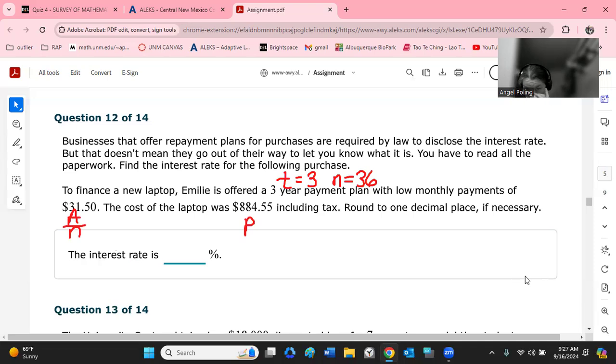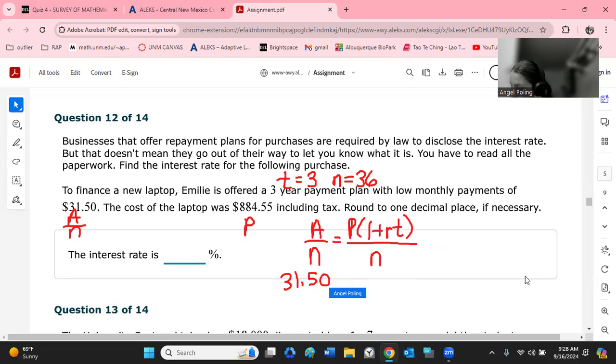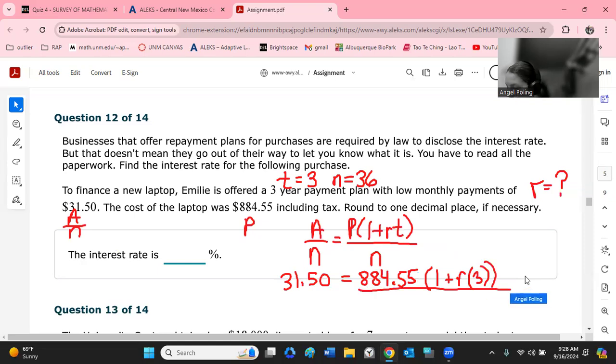So we have here A over N is P times 1 plus RT over N. So the A over N side is 31.50. And then our other side is 884.55 times 1 plus, and it is R that we're looking for. So we'll just leave R there, times 3. And then we'll divide by 36.